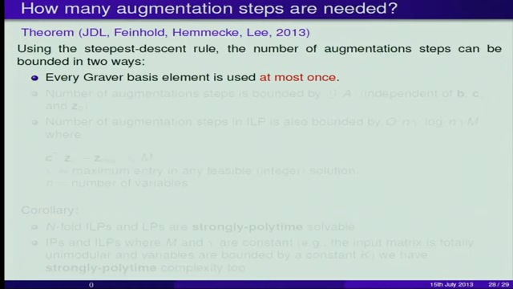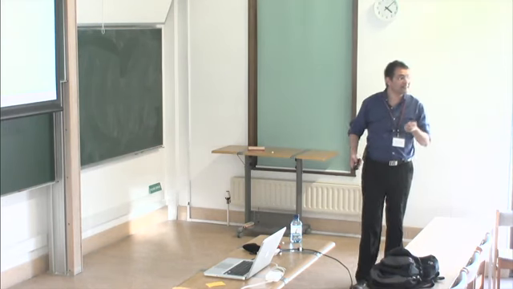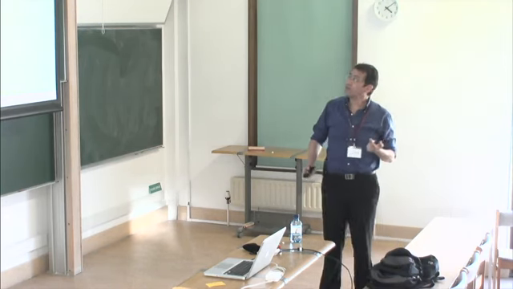I should say this is joint work with Elizabeth Finhold, Raymond Hemmecke, and Jon Lee. The number of augmentations is going to be bounded by the size of the Graver basis.